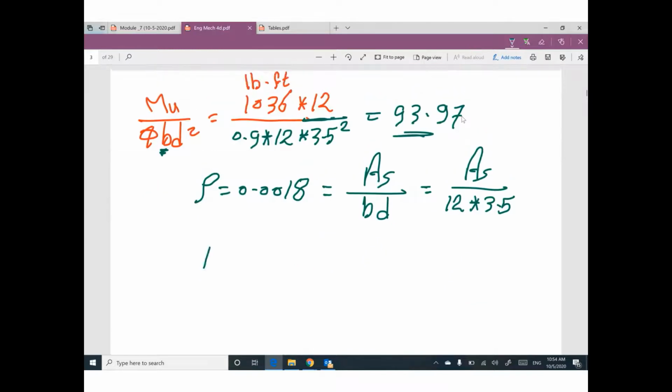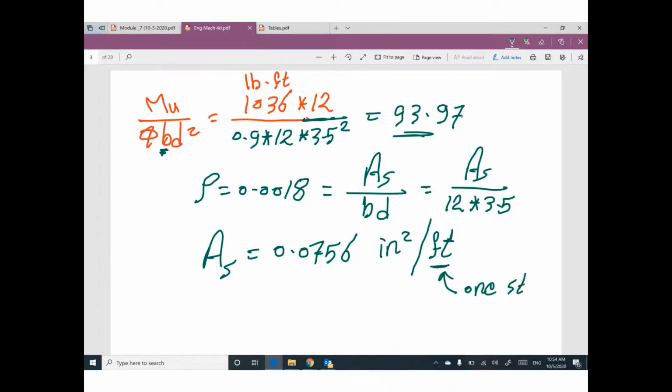This value will be 0.0018 times 12 times 3.5, equal to 0.0756 inch square per foot. Why per foot? Because you are talking about one strip with unit width.